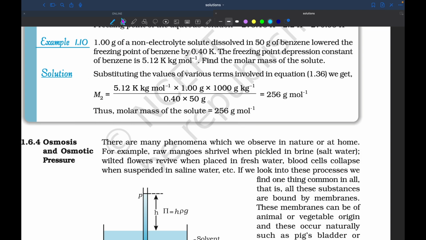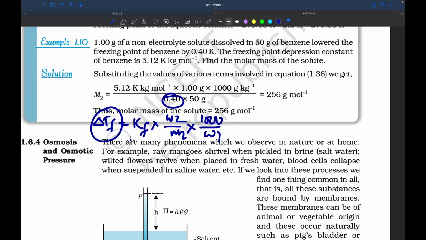The formula is again the same: delta T_F equals K_F into W2 by M2 into 1000 by W1. Delta T_F is given as 0.4, K_F is 5.12, W2 is 1 gram, M2 of the non-electrolyte solute is what you have to calculate, and W1 is 50 grams of benzene. I'll tell you how to do this.